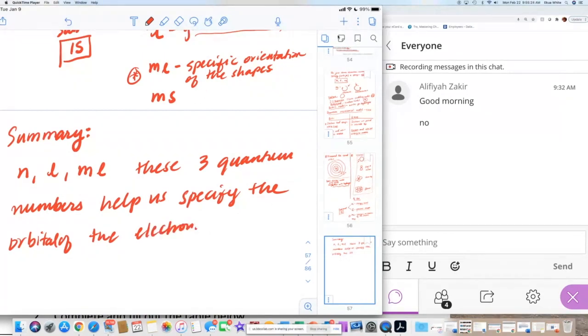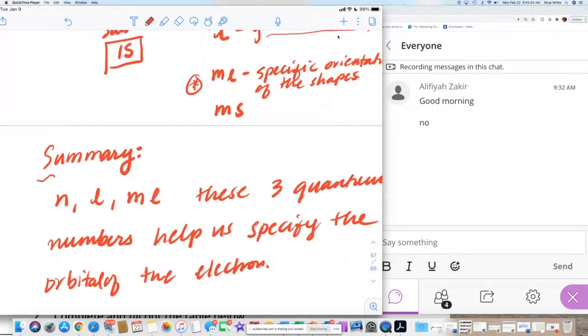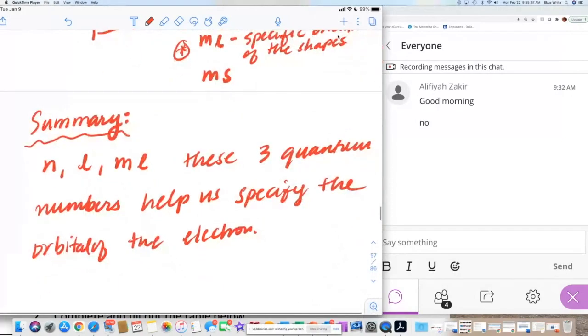I taught this one time in a non-majors class, and I was telling them that when we're trying to find the orbital of the electron, we use these numbers kind of like GPS coordinates to locate your car, your set of keys, or your phone, like Find My iPhone. We use these 3 quantum numbers to locate the orbital of the electron.